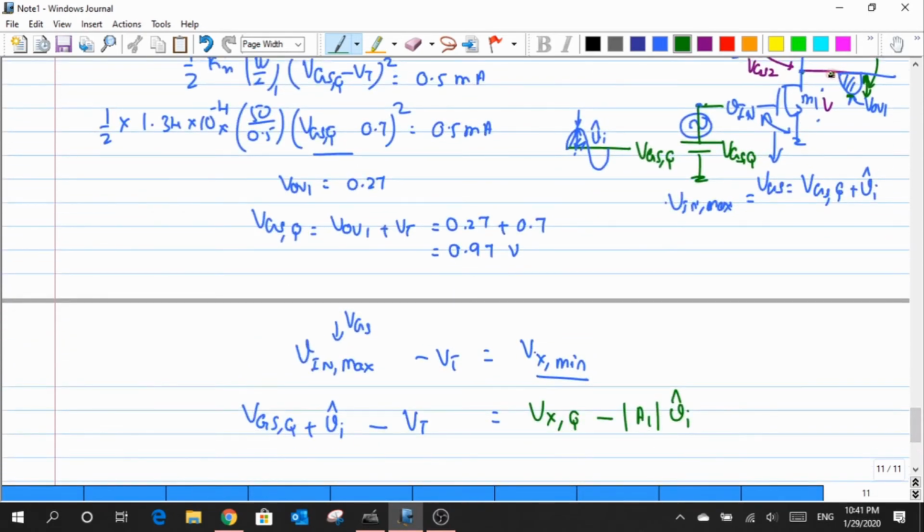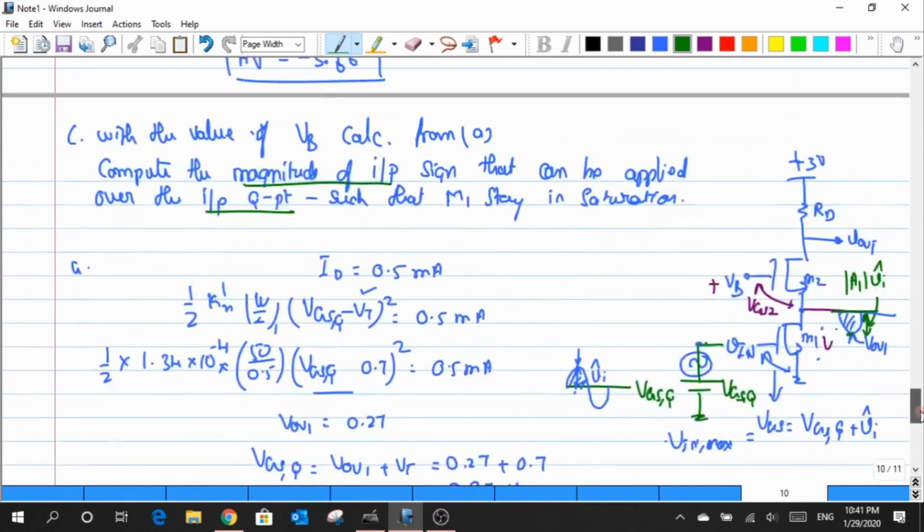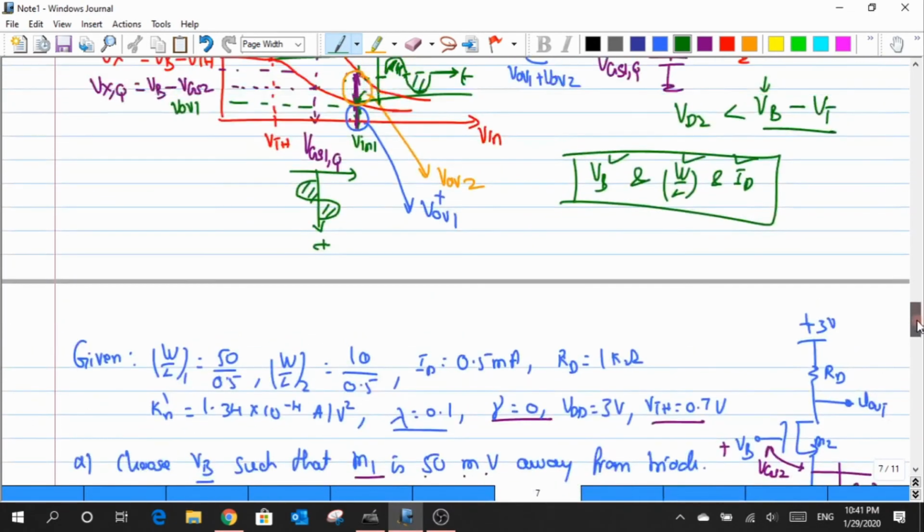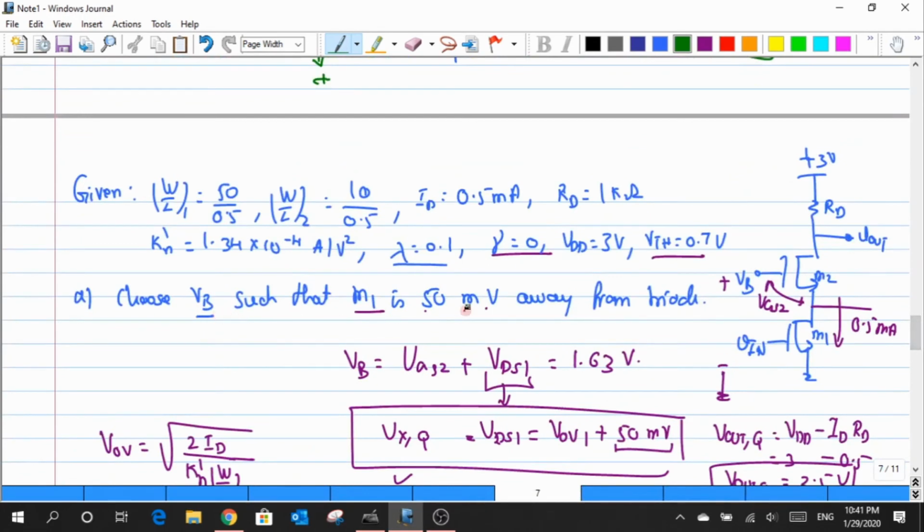Now again, with respect to this Q point, how far away am I from this edge of saturation? That could be read from this statement. You can see that from the base point, I am away from the edge of saturation by 50 millivolt. Which means that I have a swing here, and the magnitude of this swing is basically 50 millivolt, the lower swing.